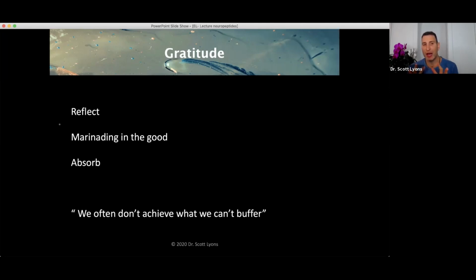And then I'm soaking it in, I'm absorbing it, I'm letting it change me. I'm really letting it have a neurochemical response because I'm soaking it in.